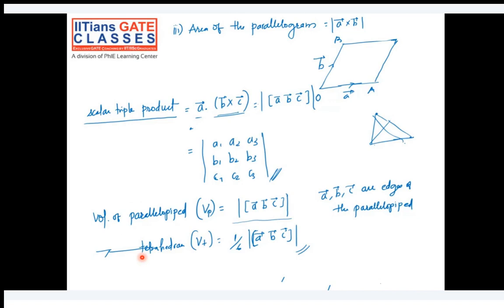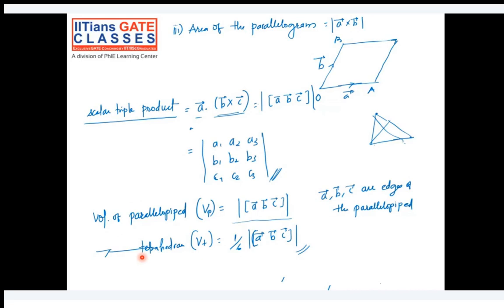Okay, so at least we know there are terms called position vector, dot product and cross product, magnitude of the vector, direction of the vector, right?